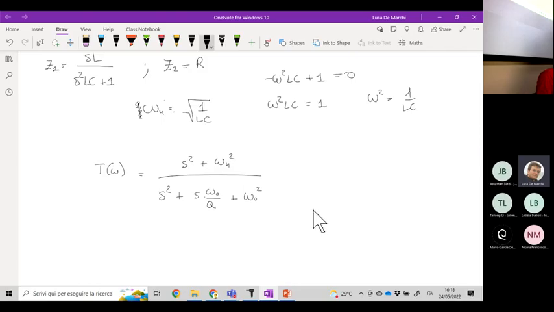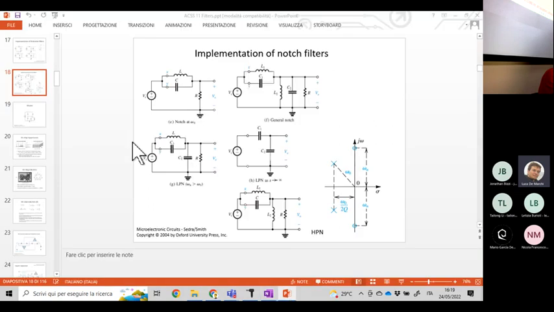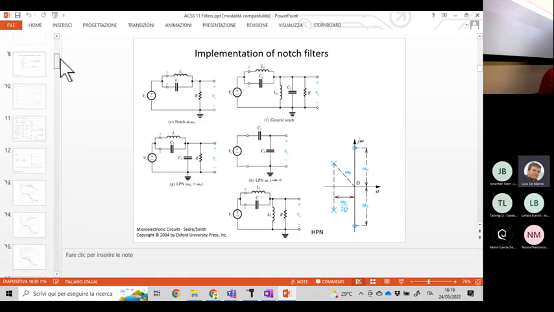In this specific case, omega_0 is equal to omega_n, and equal to the square root of 1 over LC. In this way we can implement the notch filter with this configuration here.